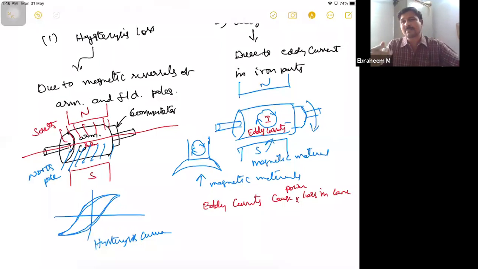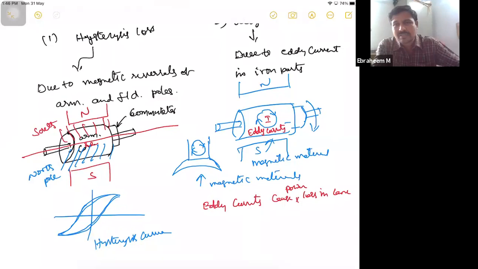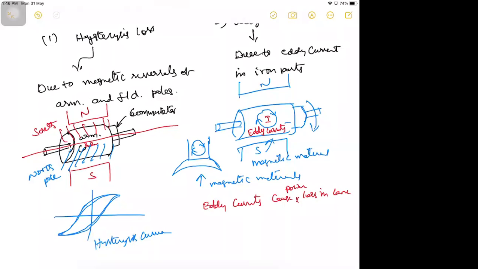So where did this power come from? This total power is coming from the prime mover, the machine which is rotating this generator. That mechanical energy is converted into electrical energy, and part of this electrical energy is lost as eddy current loss.